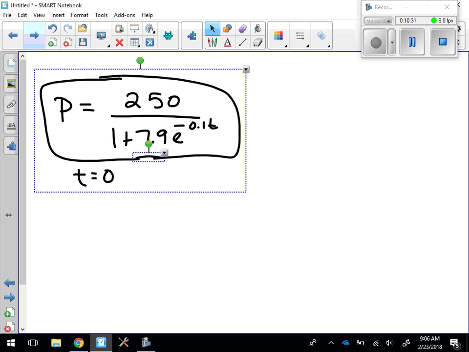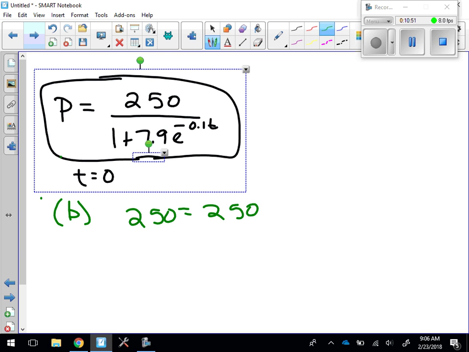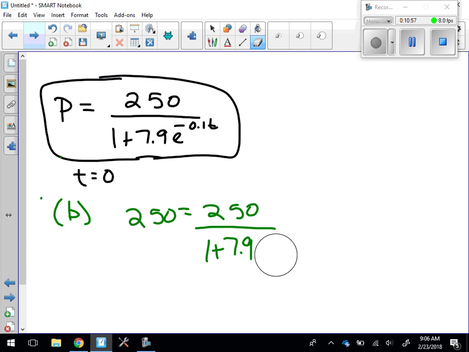Okay, so what does part B ask us to do? If I take this formula up here and substitute in 250, I've got 250 equals 250 over 1 plus 7.9 times e to the negative 0.1 t.